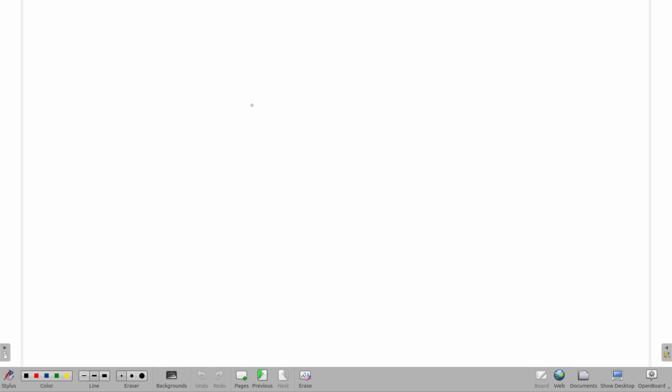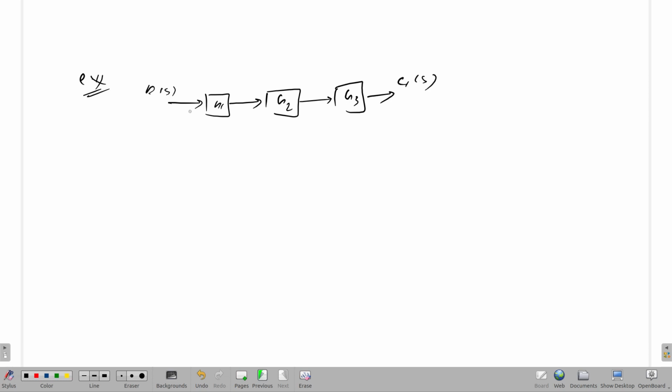if you have let's say G1, G2, G3, this is C1 of S, this is R of S. I am not drawing anything complicated, I just wanted to show a concept.